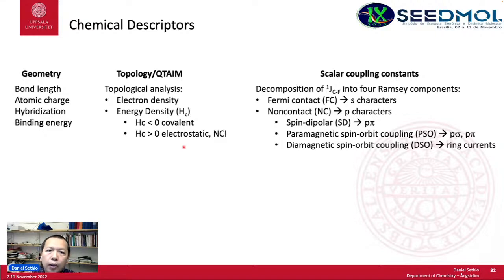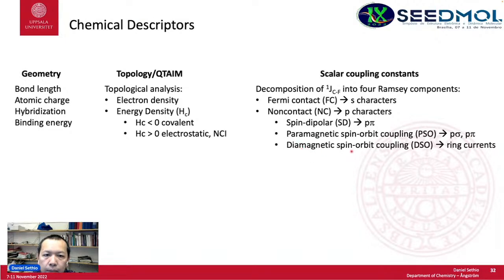We also perform decomposition of the scalar coupling constant into four Ramsey components. The Fermi contact is dominated by the s character, and the non-contact component is mostly dominated by the p character. The spin dipolar is mostly dominated by the p type of the pi orbital, while the paramagnetic spin-orbit coupling is mostly dominated by the p sigma and p pi orbitals.